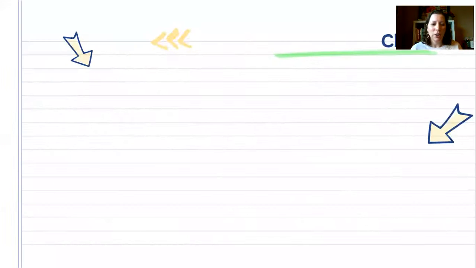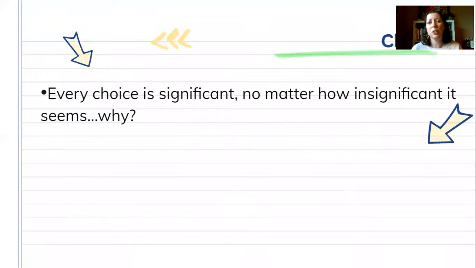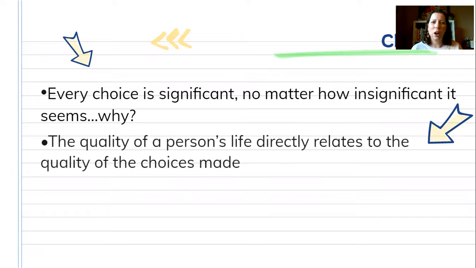Let's talk a little more about this idea of choice. Every single choice we make is significant, even if it doesn't seem like it. The quality of our life relates to the choices that we make.